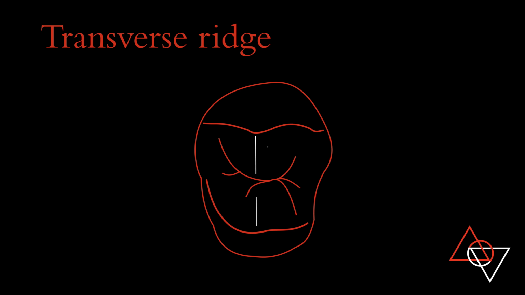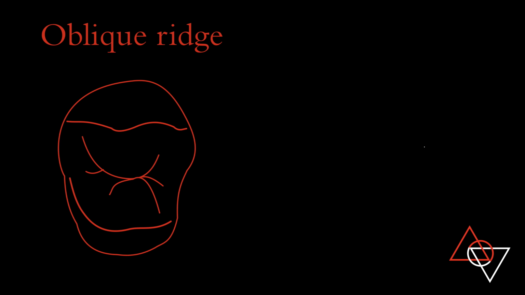And in that midline where they meet, that is called a transverse ridge. As I said, this ridge goes in a facial-lingual direction, so that would be this here.